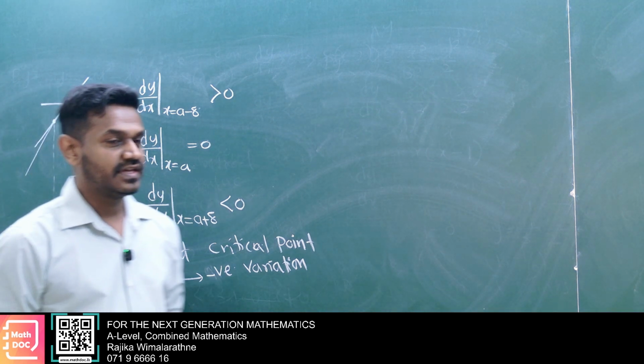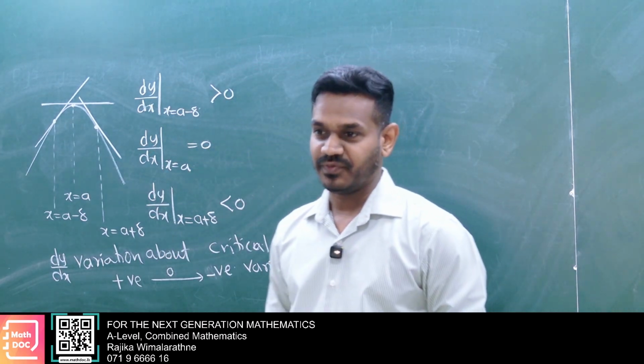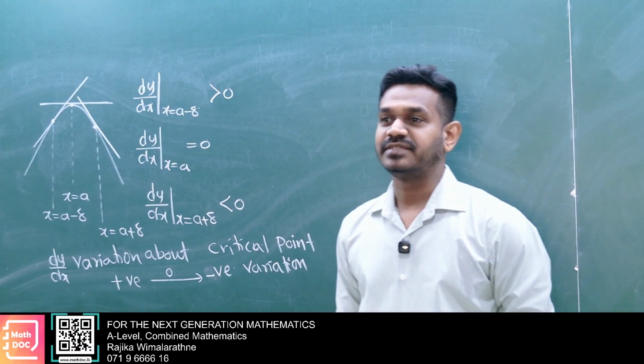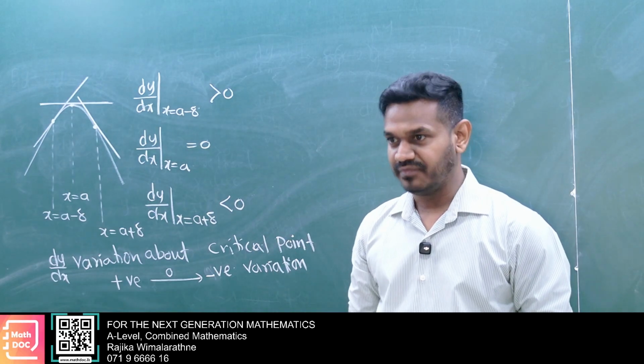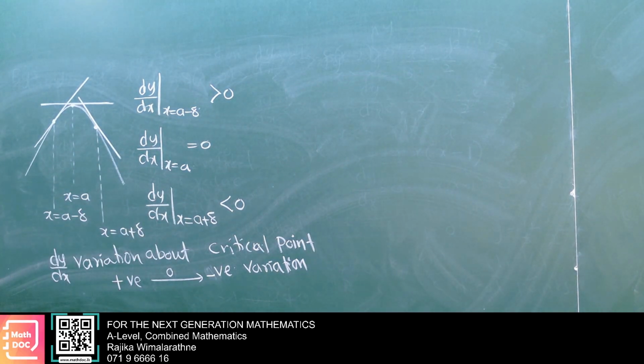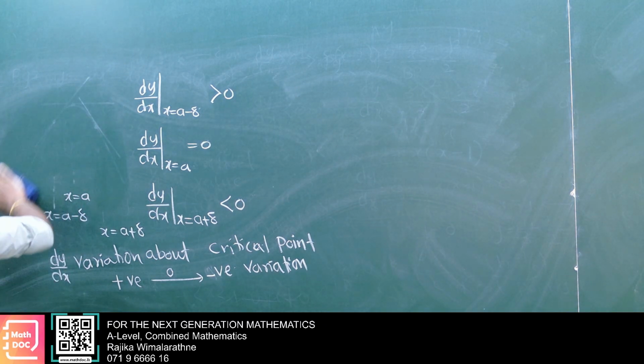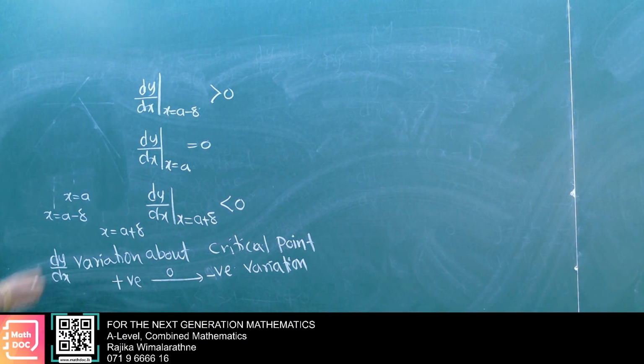Okay. That's how we analyze a local maximum point. Similarly, you can identify a local minimum, no? Now you do it with me. Now here is the graph.